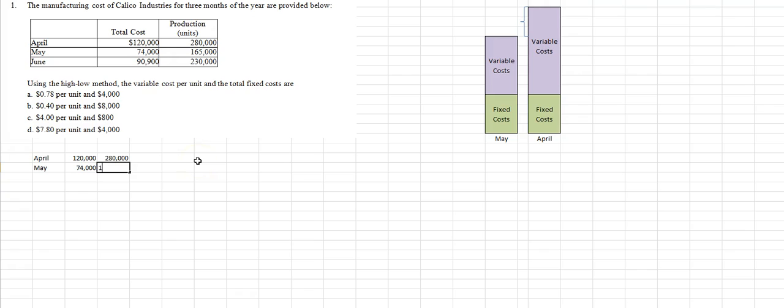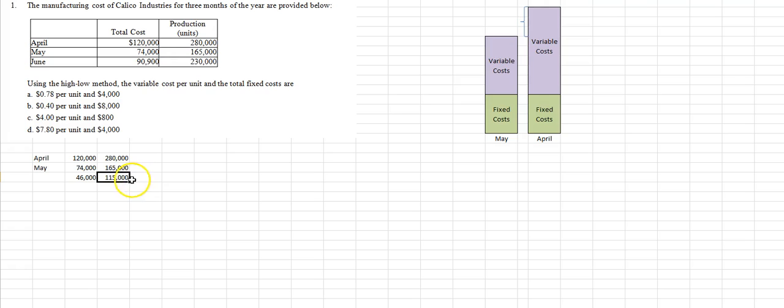And we produced 165,000 units, right? So the extra amount of units, we'll take 280 and subtract 165. The extra amount of units, 115,000 units, cause an increment in expenses of how much? Cause an increment of expenses of 120 minus 74, which is 46.